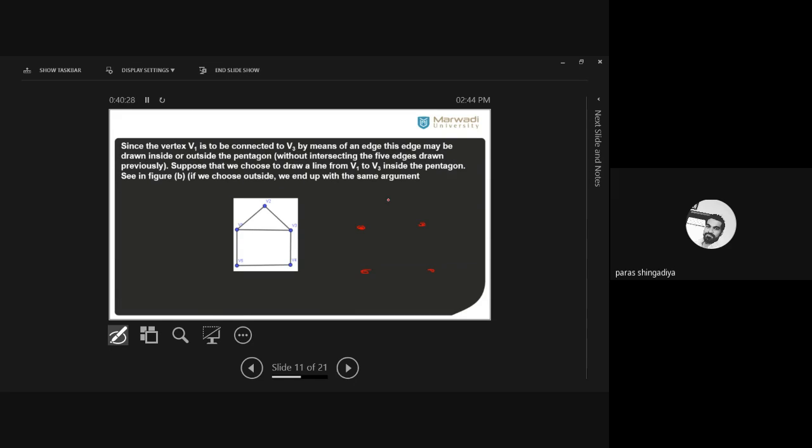This is the inside possibility, and the second is the outside possibility to connect V1 and V3. Clear? There is another possibility to connect through the outside region with the same vertices.